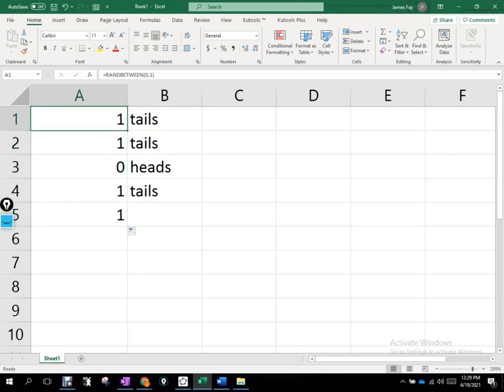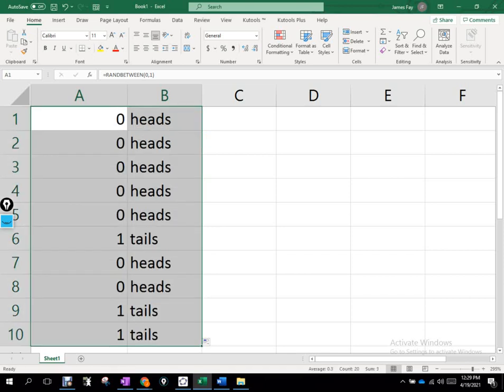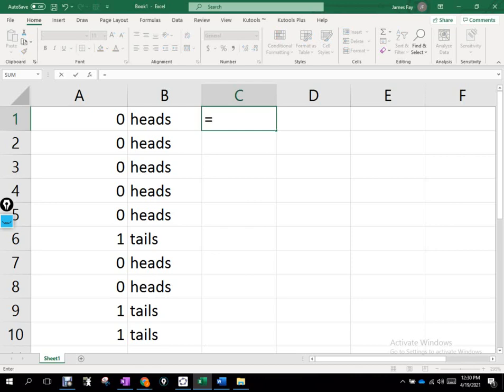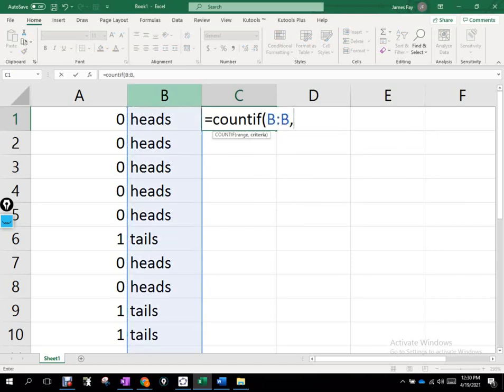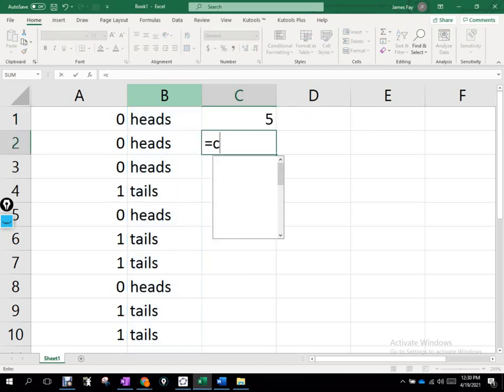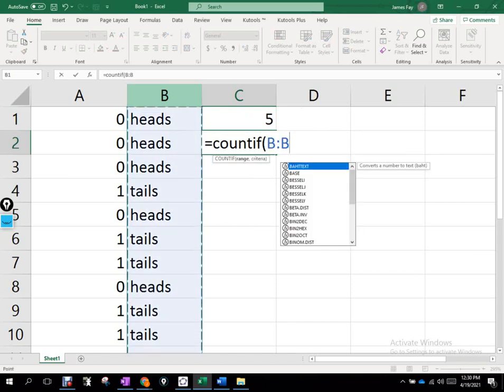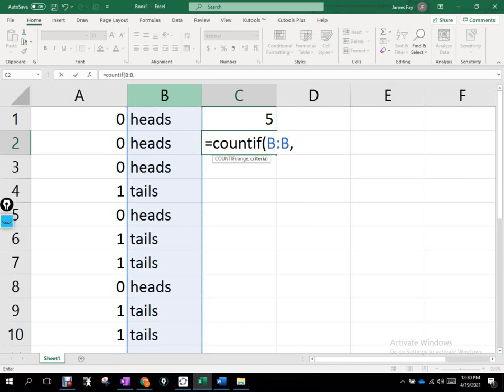So I'm going to take this and drag it down to 10, which is the idea that I've flipped the coin 10 times. Right here, I'm going to say count if this says heads, and then count if things in this column say tails.